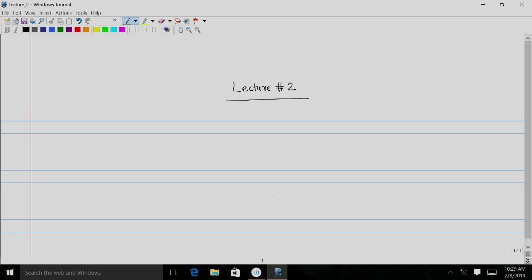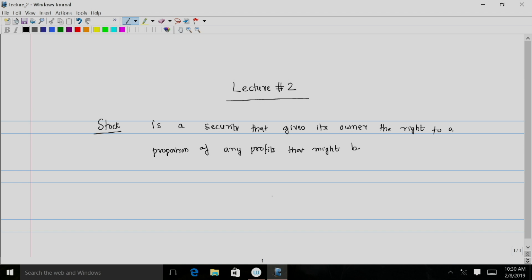So, what is a stock? A stock essentially is a risky security. So, a stock is a security that gives its owner the right to a proportion of any profits that might be distributed rather than reinvested by the firm that issues the stock.